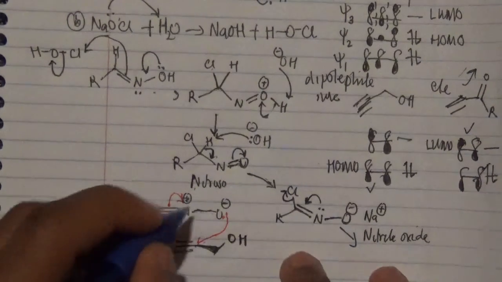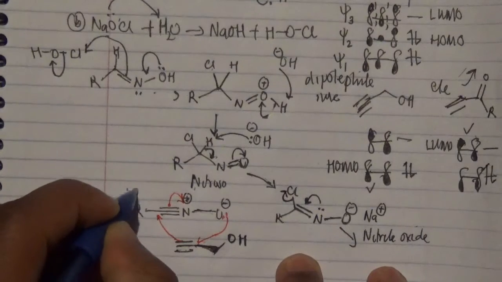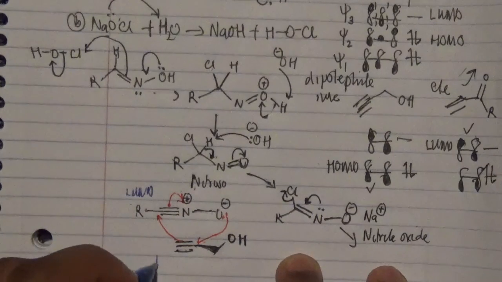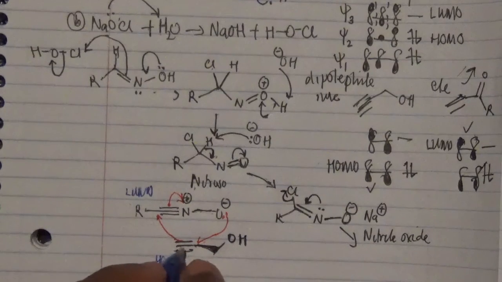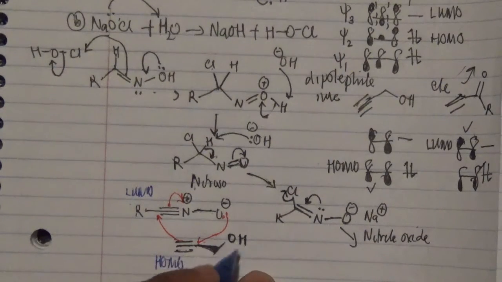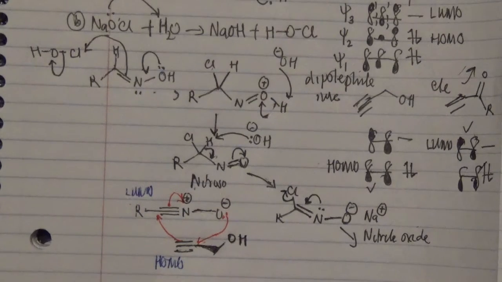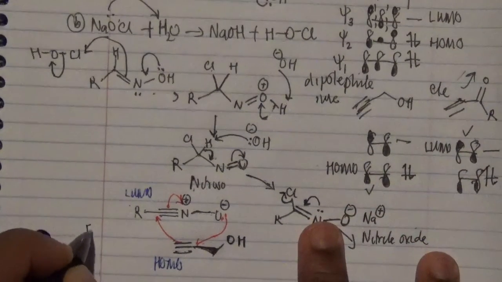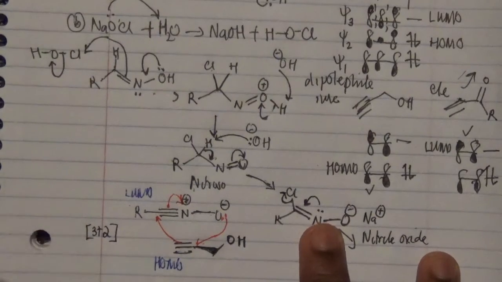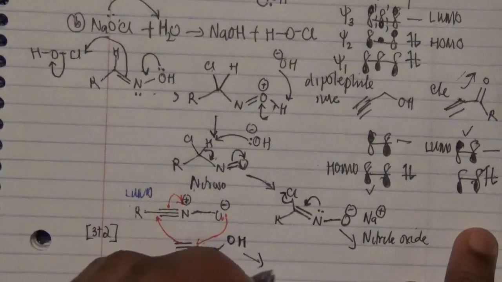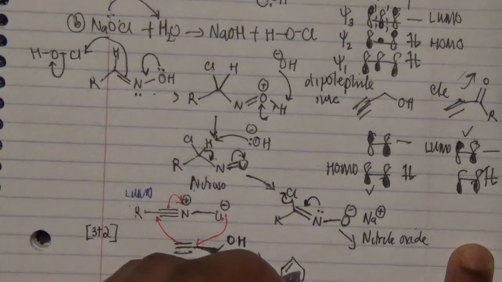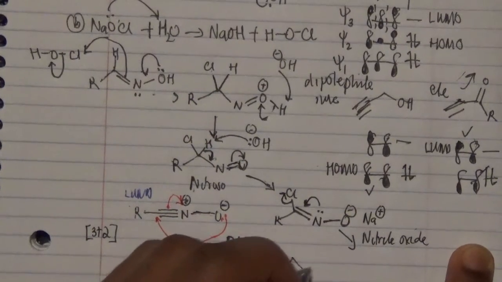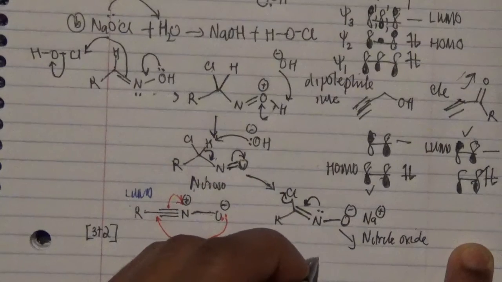And this part here is actually the LUMO, and this is the HOMO, and the HOMO and the LUMO are dependent on this particular R group over there on the dipolarophile. So what that results in is a 3+2 cycloaddition that gives us our final product, which is this particular structure.